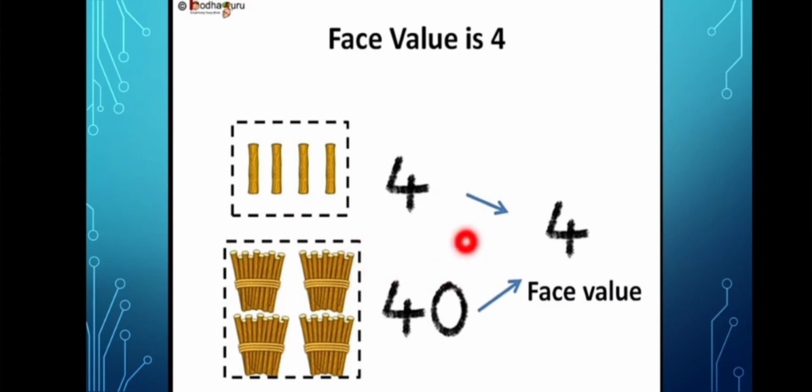In both cases, the face value of 4 is always 4. So, the value of a digit that never changes with the places is called face value.